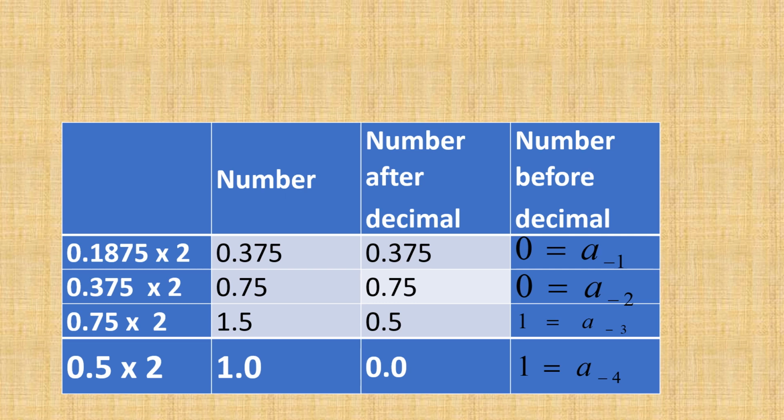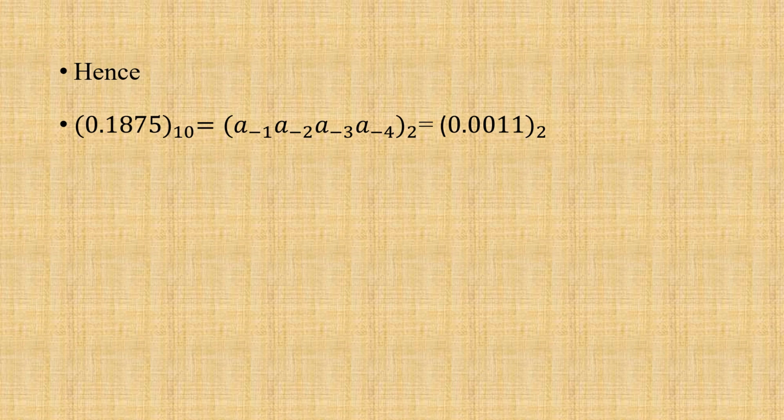0.5 times 2 equals 1.0. Here the number after the decimal is 0.0, the number before the decimal point is 1, which in this case will be recorded as A_-4. Hence 0.1875 base 10 equals A_-1 A_-2 A_-3 A_-4 base 2 equals 0.0011 base 2.